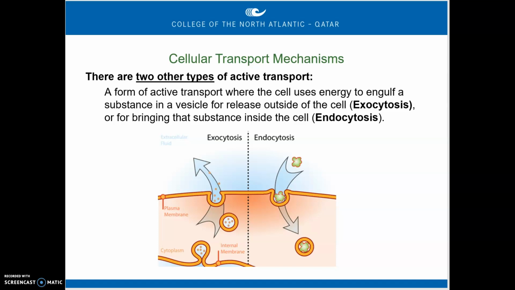So the cell sees something it wants, and it uses energy to bring that inside the cell. The other type of active transport is exocytosis, and that's exiting the cell. So those two are pretty easy to remember. Endo means into, exo means out of. So in exocytosis, we have things inside the cell that we don't need, we don't want it there anymore, and we use energy to kick it out of the cell.